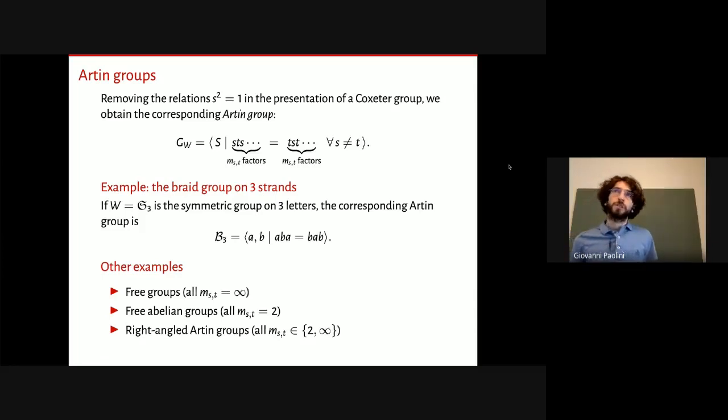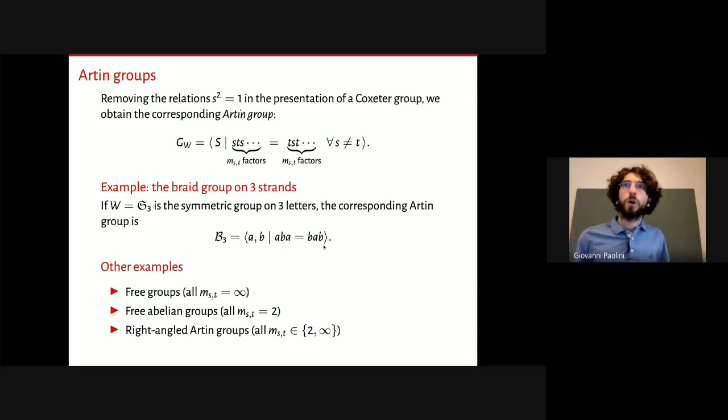Okay, so for each Coxeter group, we have an associated Artin group. Let's immediately see the example corresponding to the symmetric group sigma 3, which is a very simple example of a Coxeter group. In this case, we drop the relations A square equals B square equals 1, and we only retain the so-called braid relation ABA equals BAB.